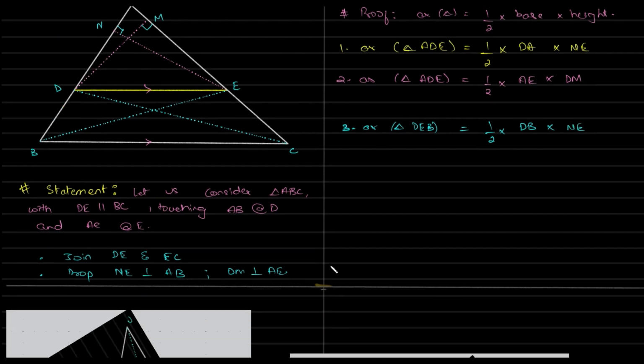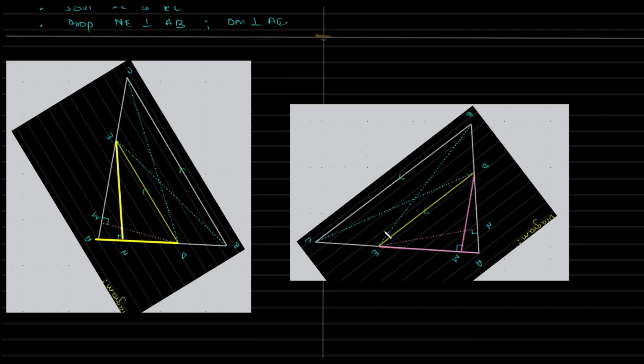So I'll show you that. This diagram. So what I'm showing here is this. If this is the base, this is your height. Okay. Right. So you go to basics and see.